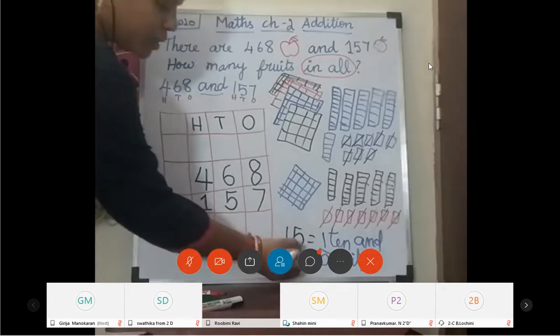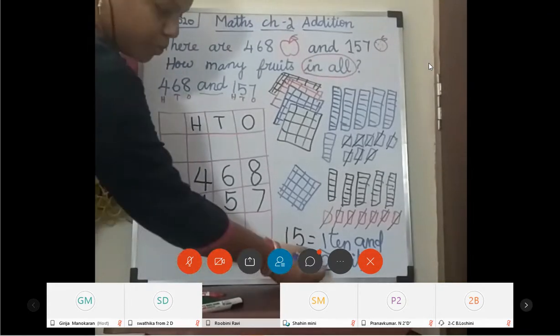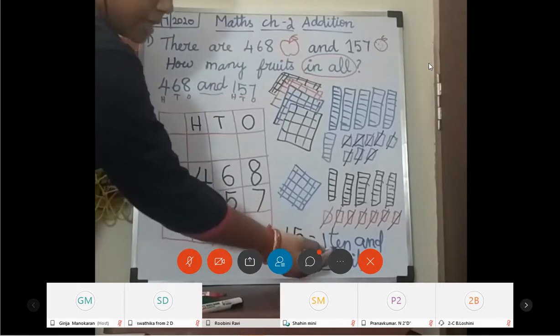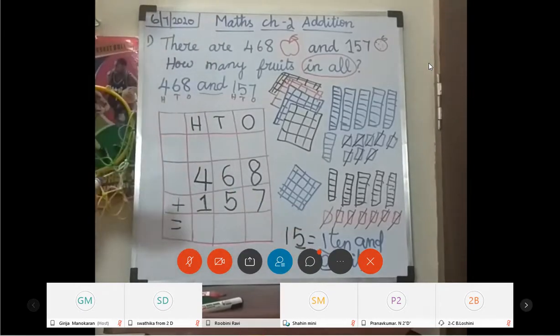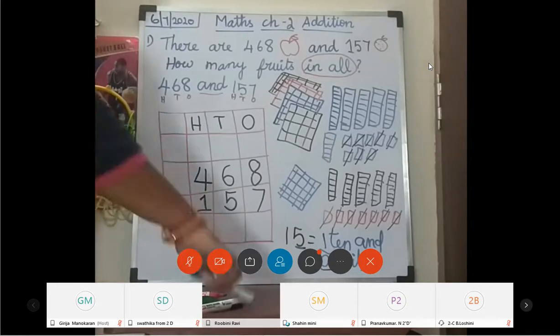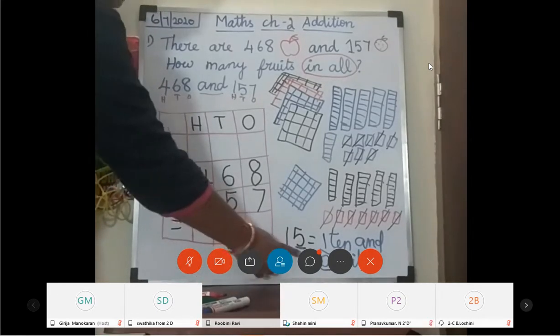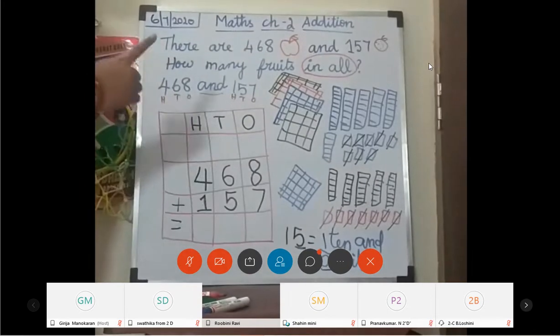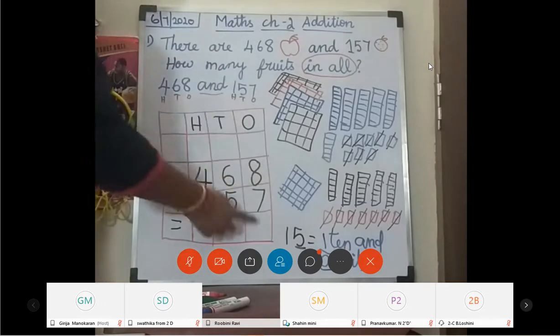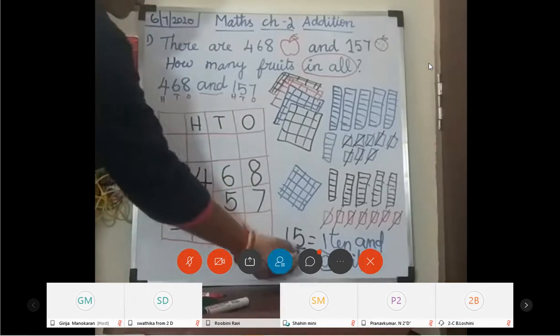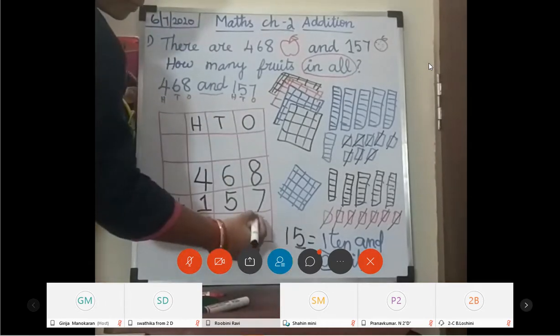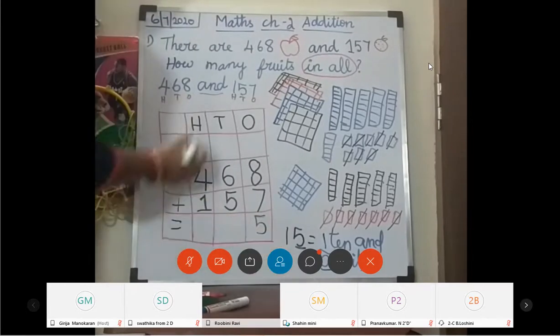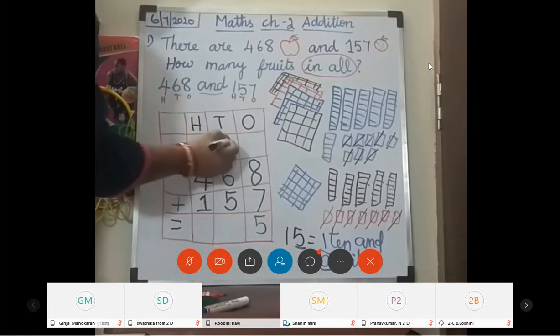Now, we have to write this in the ones place alone: units to the unit place value, tens value to the tens row. Can you understand? Ones row 15 is equal to 1 ten and 5 units. So 5 units should go to the ones row. This 1 ten will go to the tens row, because it is a 10, right?